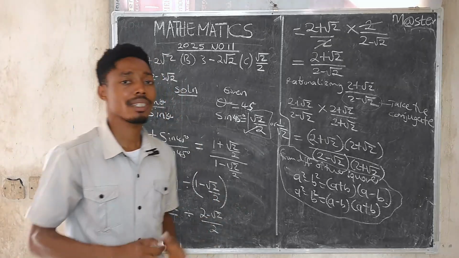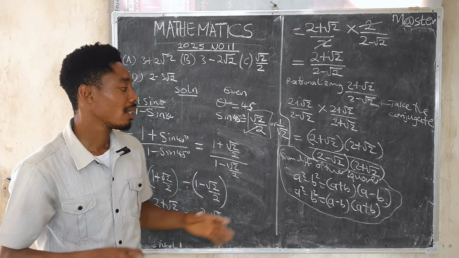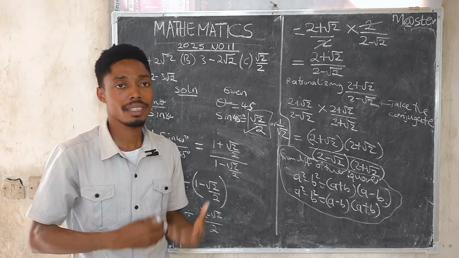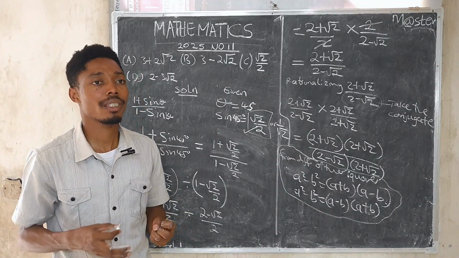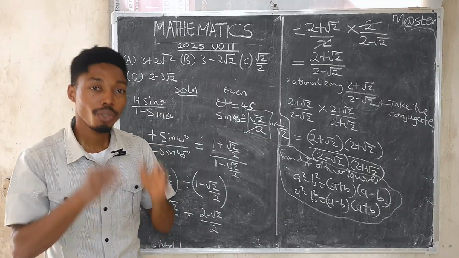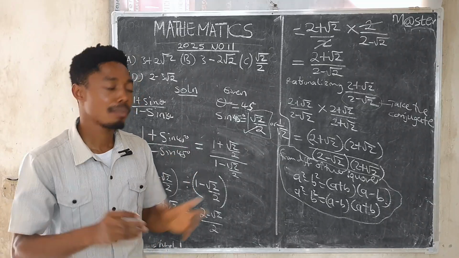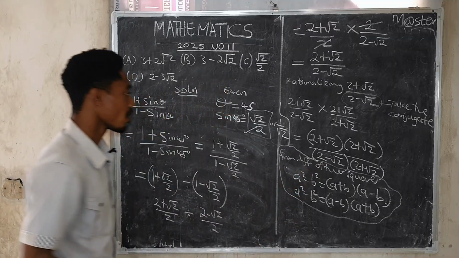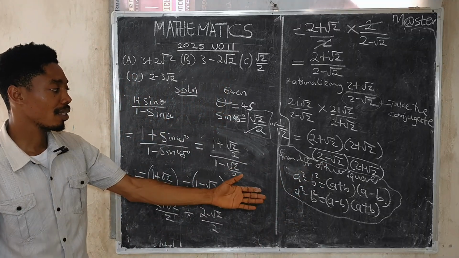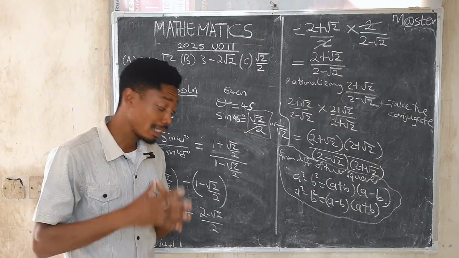This is always a very quick way and method, especially when you are dealing with questions where your accuracy is not just what is expected, but your speed is a priority. You need to apply this quickly. So from there, I can now see that I'm going to apply that in my denominator.